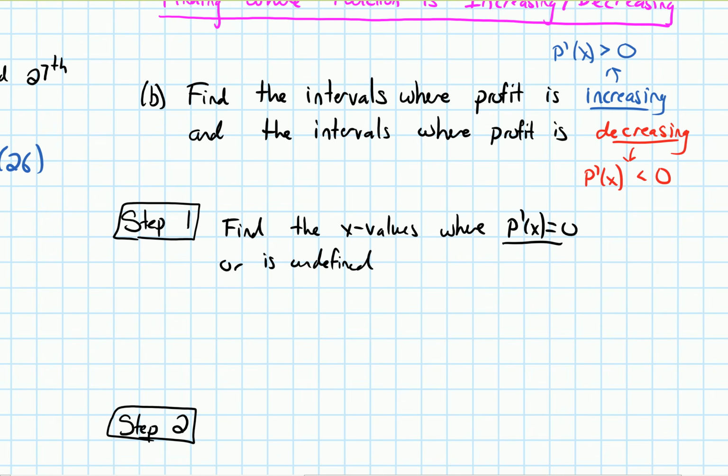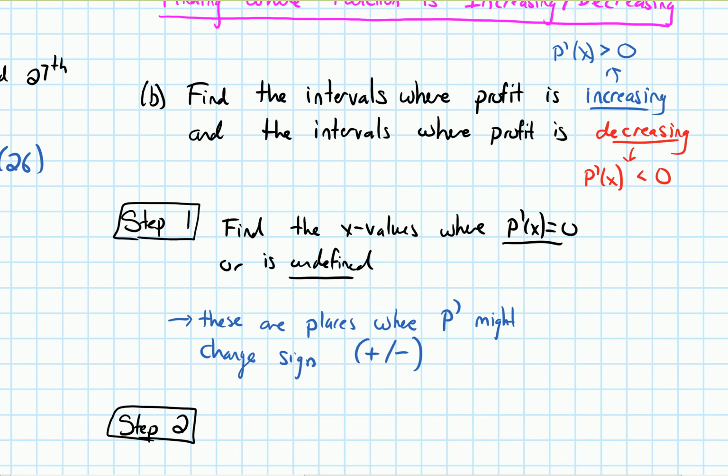So where the derivative equals 0 or it's undefined. And the reason for that is these x values are places where p prime might change sign, so from positive to negative or negative to positive.